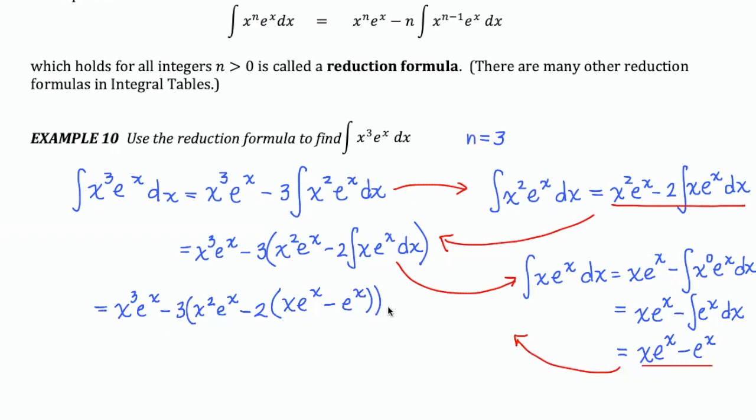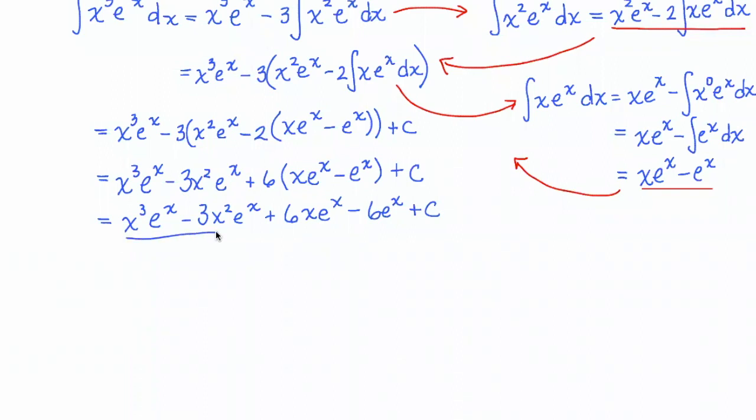Close all my parentheses with a plus c. And you can clean this one up a little bit by using some distributive property. And there is my final answer. And you see in the terms, I've got these nice descending powers of x. So a reduction formula may need to be applied repeatedly. And what it will do is eventually work the variable out of there so that you get an integral you can evaluate.